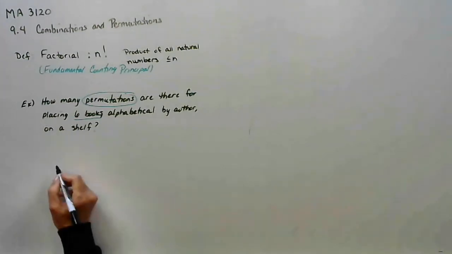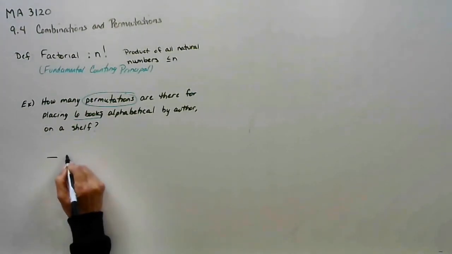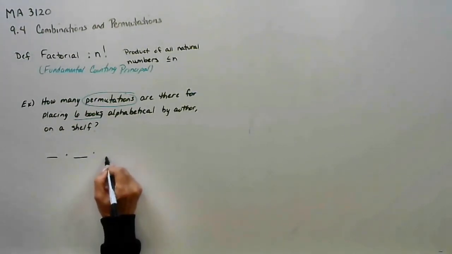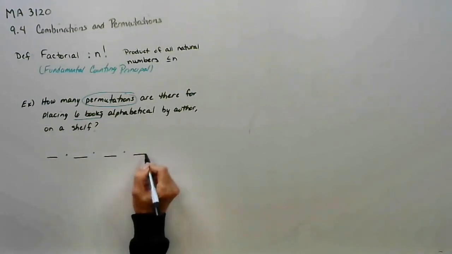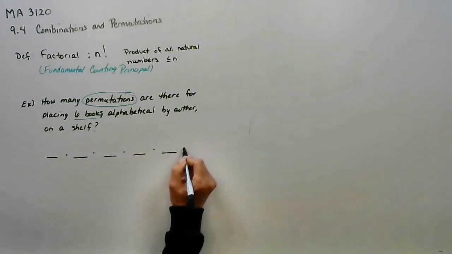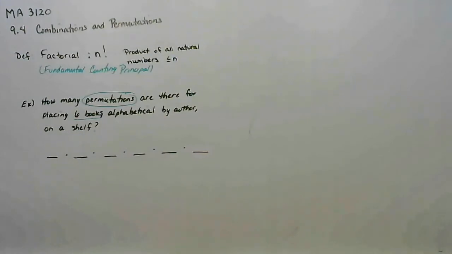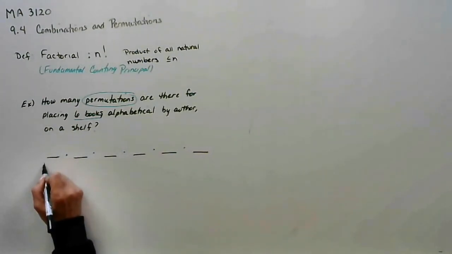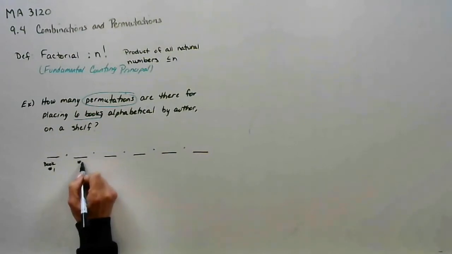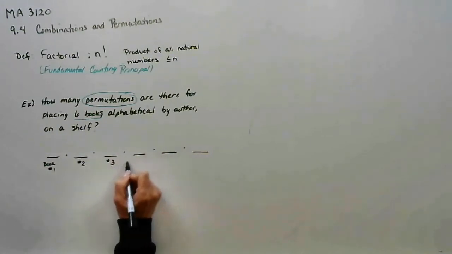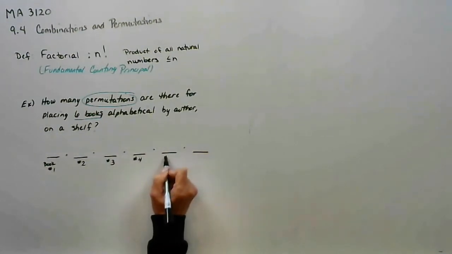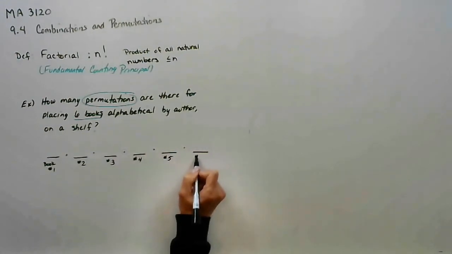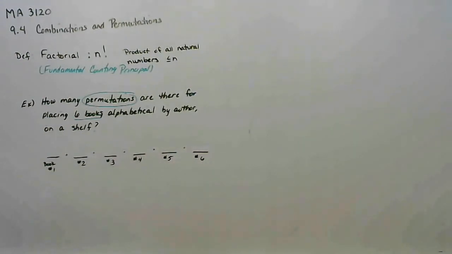So I'm going to go, okay, I have book number 1 and book number 2 and book number 3 and book number 4 and book number 5 and book number 6. And I have to have all of them together if I'm going to have all 6.